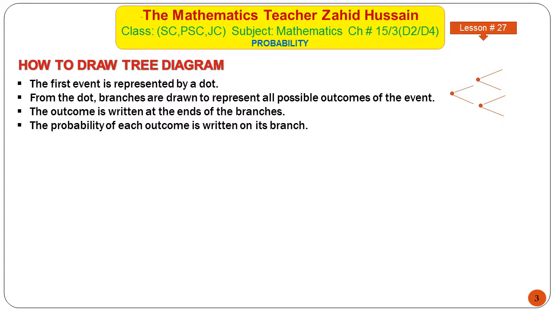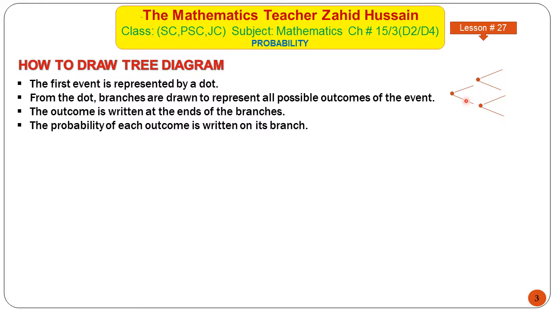If you toss a coin, then the first toss represents the first event, and you have two outcomes, head and tail. So you will draw two lines. This is the second toss. If the first toss gives you head, then the second toss may give you two outcomes, head or tail.